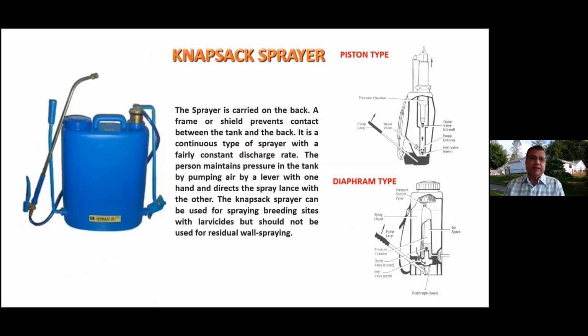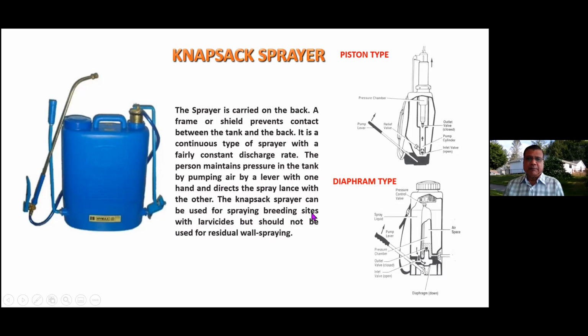This is a knapsack sprayer carried on the back. A frame, a shield prevents the contact between the tank and the back. It is a continuous type of sprayer with fairly constant discharge. The person maintains the pressure in the tank by pumping the air by a lever. See, this is a lever which the person uses when he discharges the larvicide.